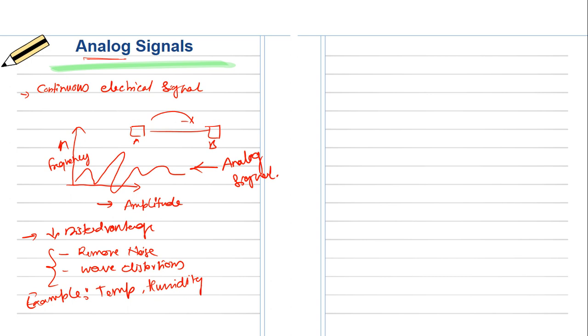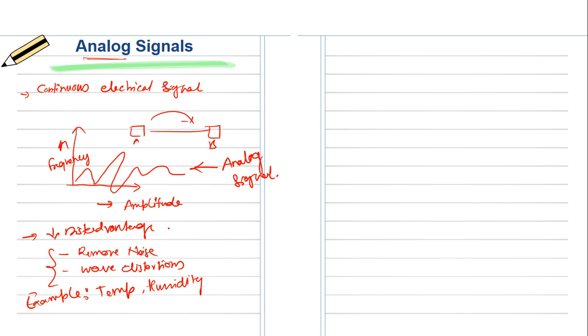The temperature of this place keeps on varying. Now if you are representing it with, let's say, a digital thermometer, we have a fixed value, whereas here we have a continuous value. We will see how it is different from the digital one.